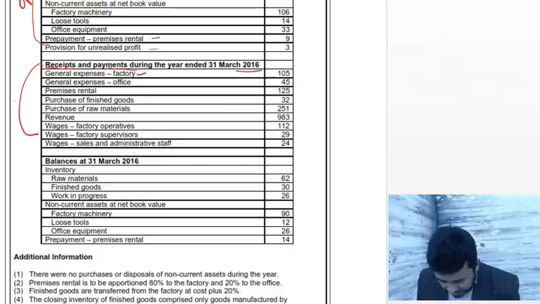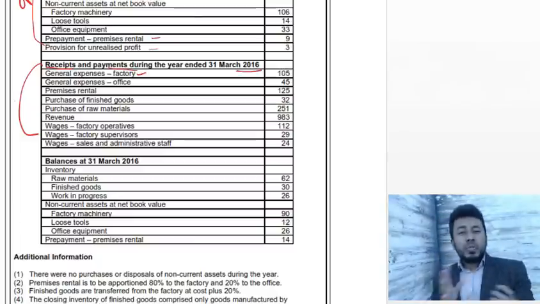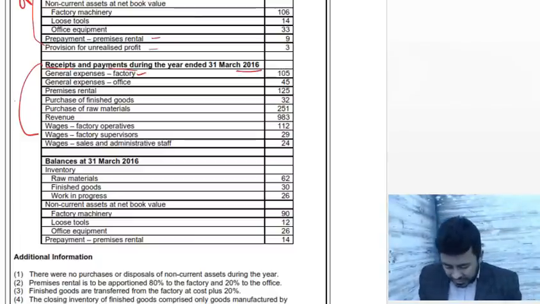Expenses, factory goes straight into the manufacturing, general expense, office doesn't go. Premises rental, maybe a portion of it goes, maybe all of it. We'll read the additional information. Bottom, purchase of finished goods, it does. Raw materials, the finished goods goes into the income statement. No manufacturing. Revenue income statement.